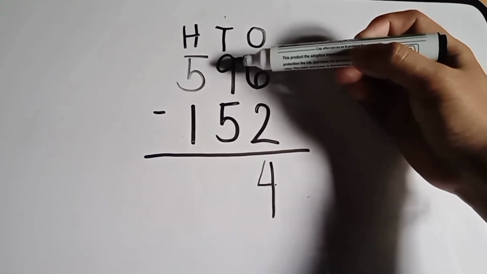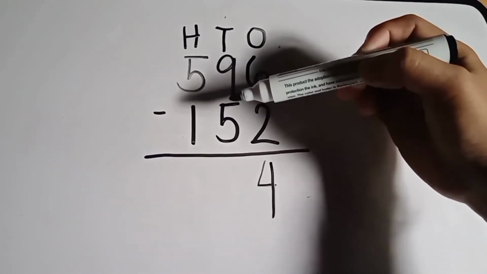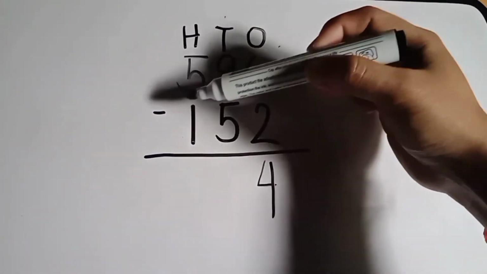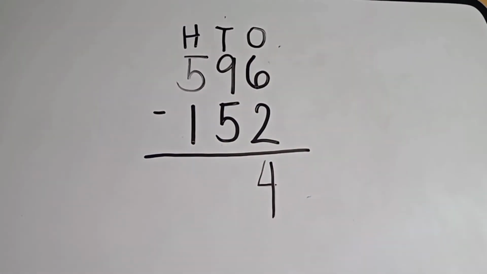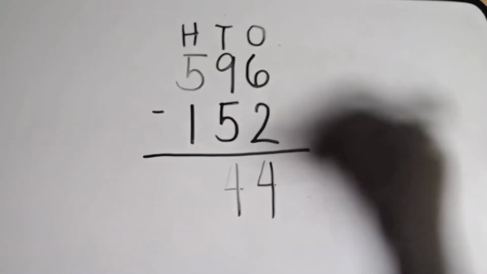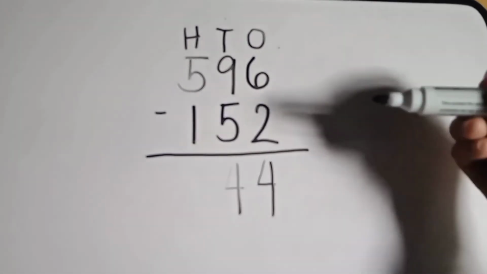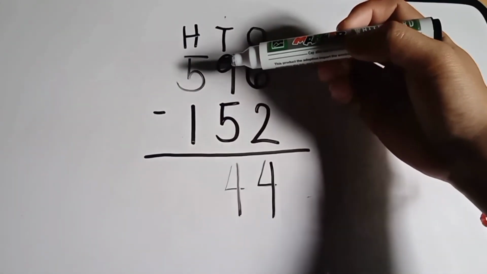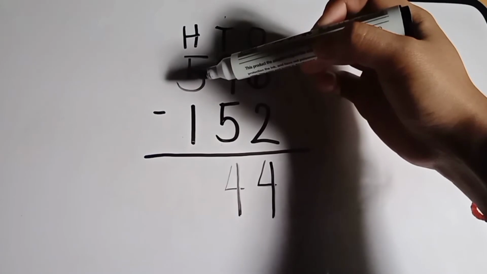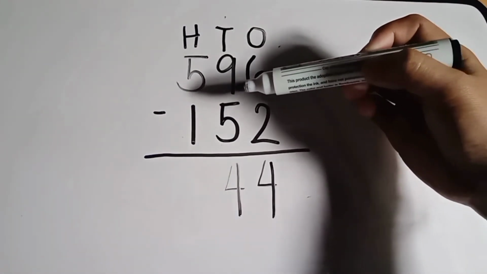The tens place here is 9, and in our subtrahend we have 5. So, 9 minus 5, the answer will be 4. Now, let's move on to the hundreds place. In the minuend we have 5 and in our subtrahend we have 1.